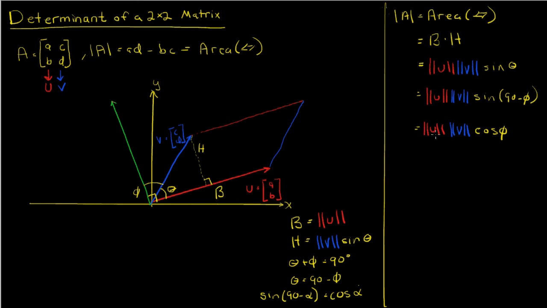So how can we transform this so that we have two magnitudes and the cosine of the angle between them? We're going to look at this particular vector here, which is perpendicular to u, and define it as a rotation. We'll draw the rotation like this, and that rotation is 90 degrees.